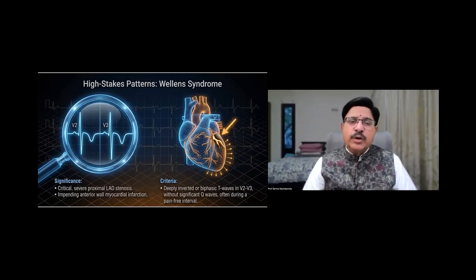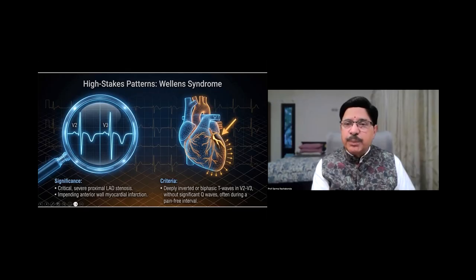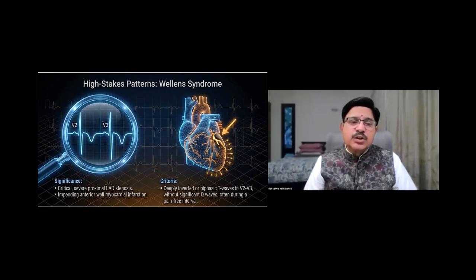Lead V2 and V3. What do I look for? Is there a deep, symmetric T-wave inversion without ST change? It's critical: severe proximal LAD stenosis. This is the LAD. Severe proximal LAD stenosis is predicted by this change. This is called Wellens syndrome.